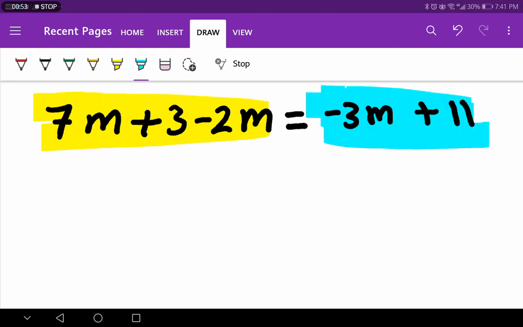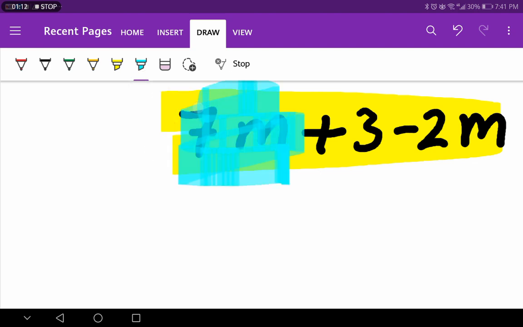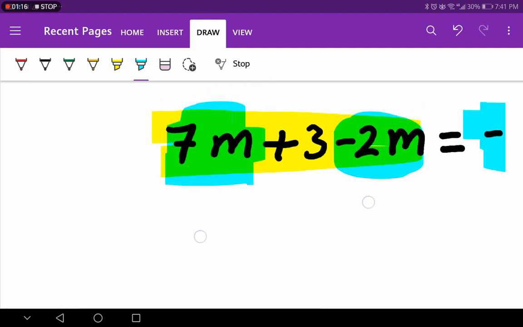The first step, all the time you have to check each side, to see if you can combine like terms on the same side. Here I have 7m with negative 2m, which equals 5m.